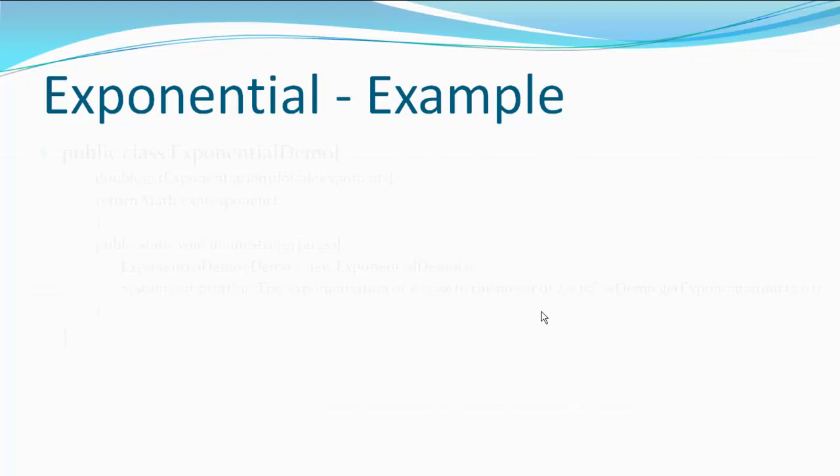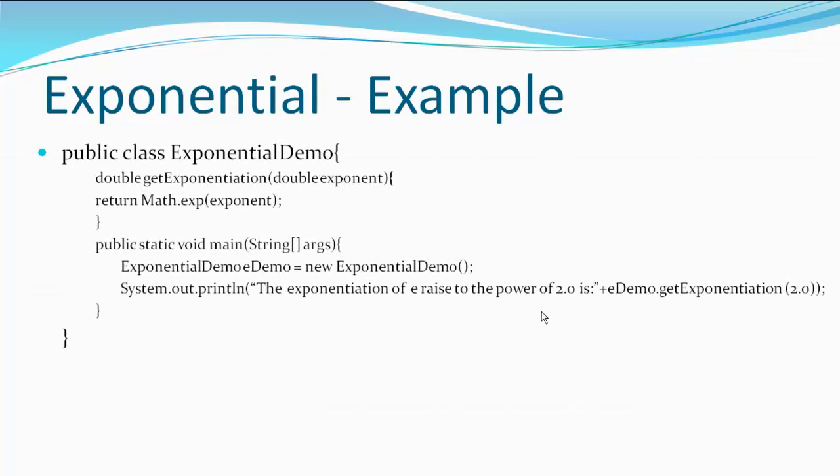In this section, let's discuss exponential with an example. As you see, we have the class ExponentialDemo, which has been declared as public. In the class block, we have a method getExponentiation, whose return type is double and which takes the argument exponent, which is of type double.